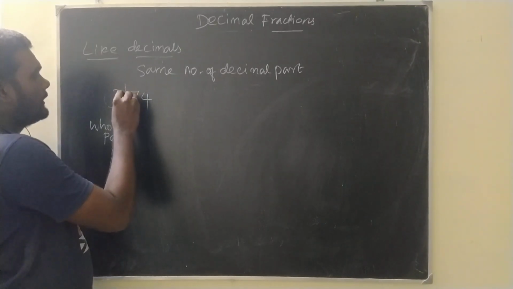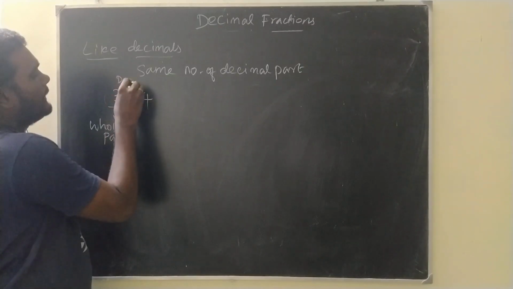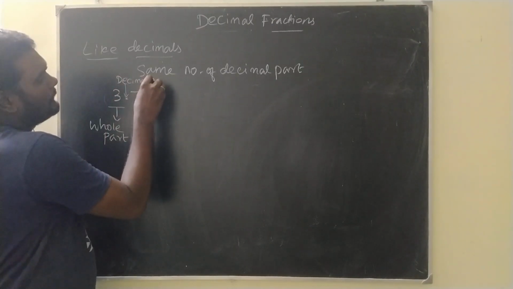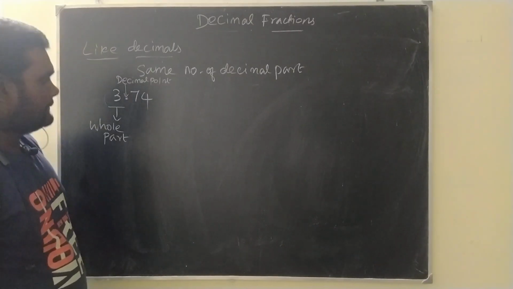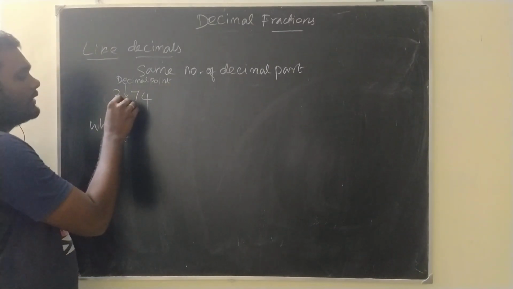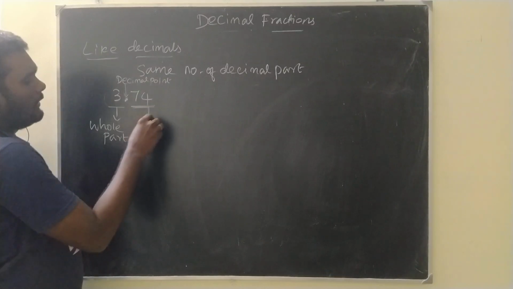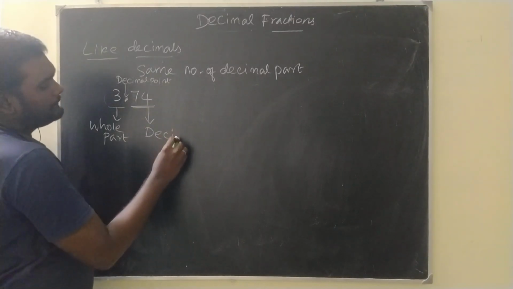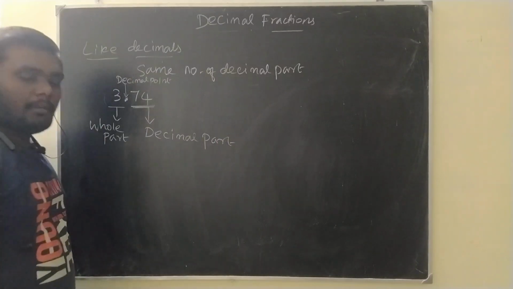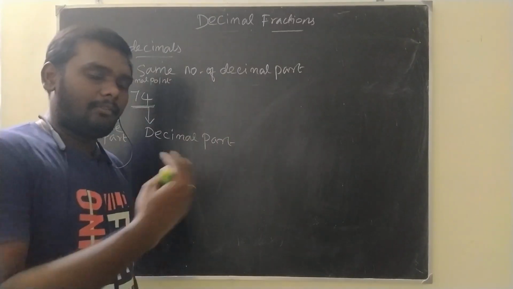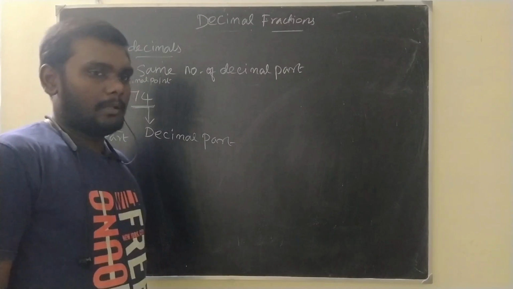And this point right here is called the decimal point. Whatever comes after this dot is called the decimal part. So before the dot it is the whole part, after the dot it is the decimal part.